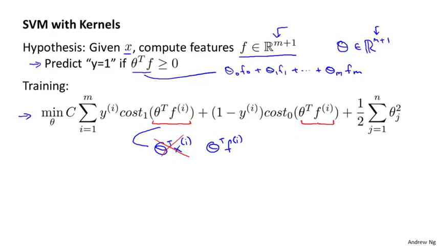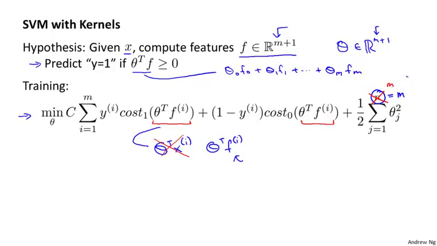And one last detail is that for this optimization problem, we really have n equals m features. That is, the effective number of features we have is the dimension of f, so n is actually going to be equal to m. So if you want to, you can think of this as a sum from j equals 1 through m.